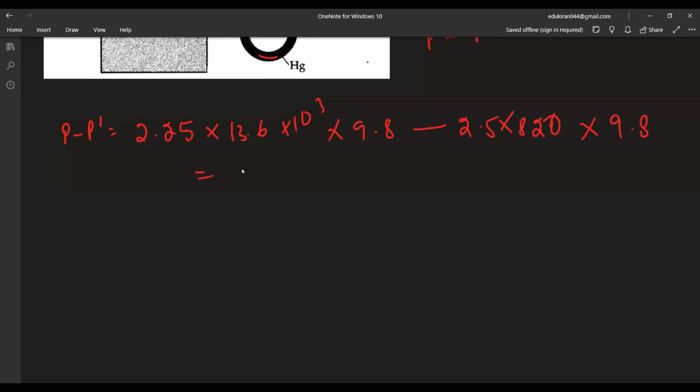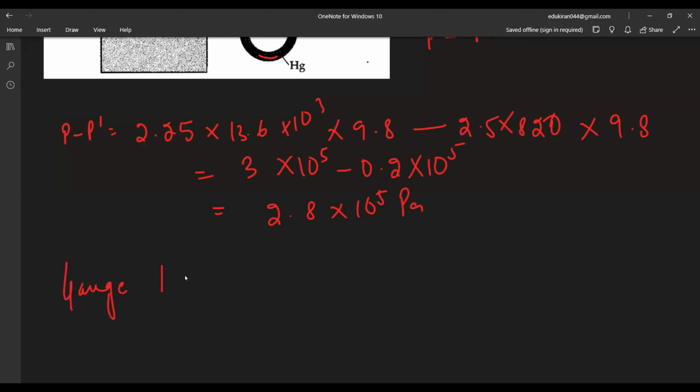So this is equal to 3 into 10 to the power 5 minus, when you solve this, 0.2 into 10 to the power 5. This is equal to 2.8 into 10 to the power 5 pascals. This is the value of the net pressure that is present. When you are calculating the gauge pressure, from here, this is the pressure difference, that is P minus P dash.